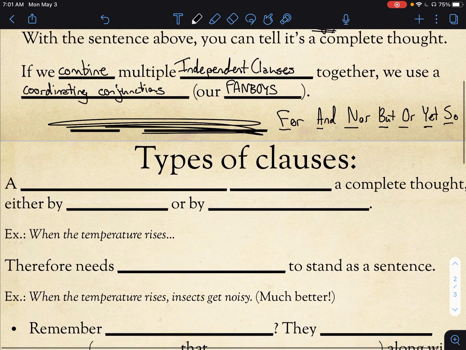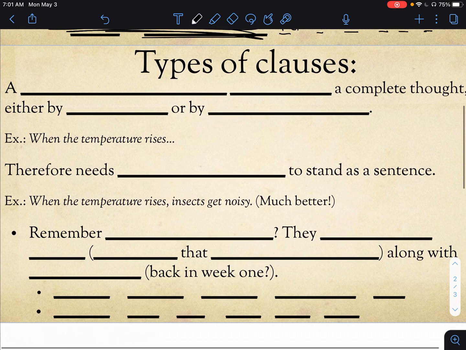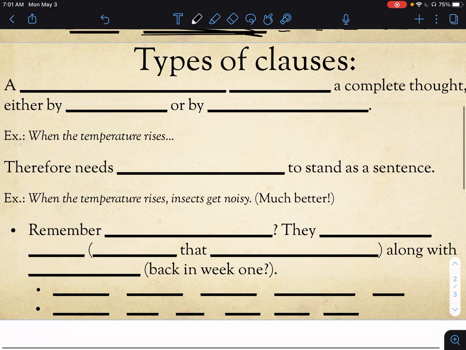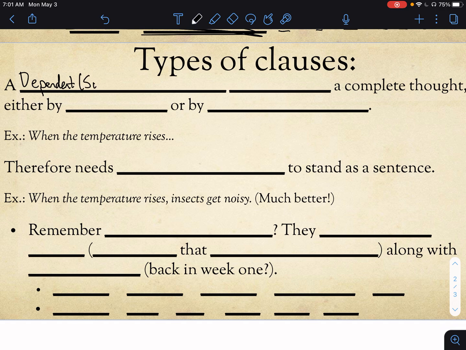Now, the other part of clauses is what we call dependent clauses or subordinate clauses. A dependent or subordinate clause does not express a complete thought, either by missing the subject, so you have a verb but not a subject, or by, obviously, not completing the thought.